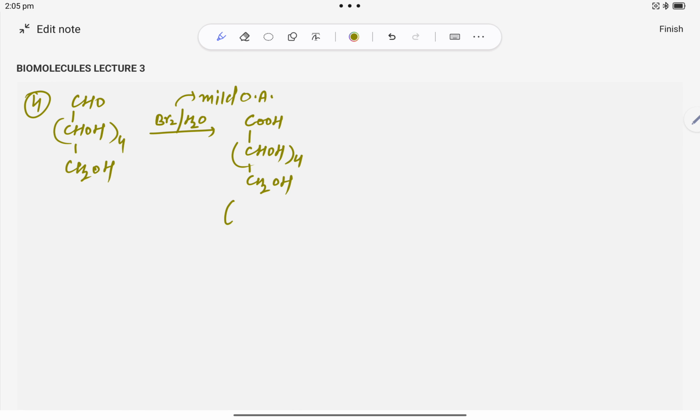What is the name? Gluconic acid. Gluconic acid forms. What does it prove? It proves the presence of an aldehyde group.